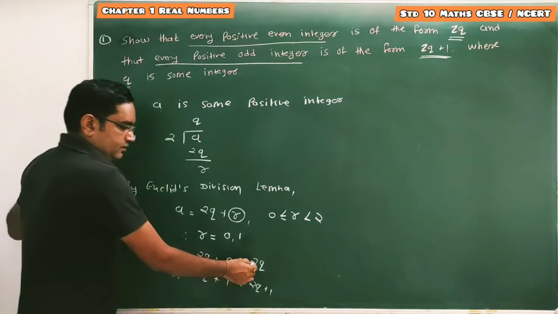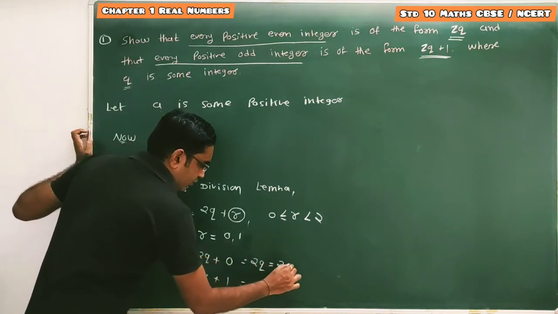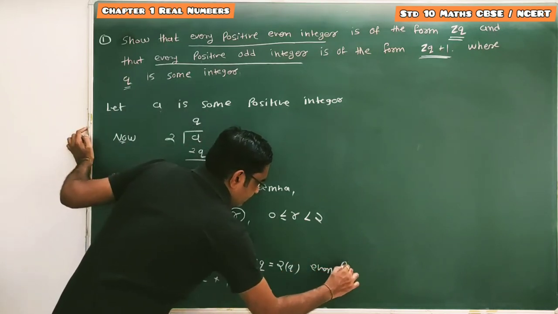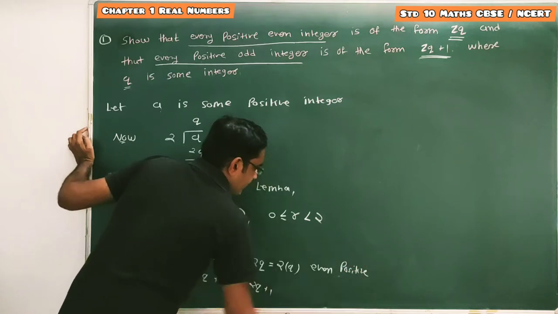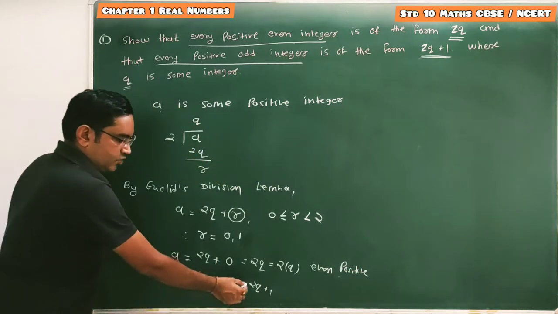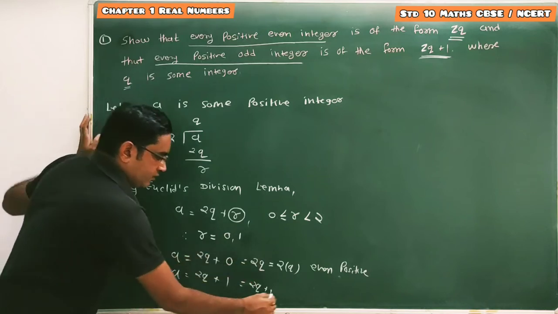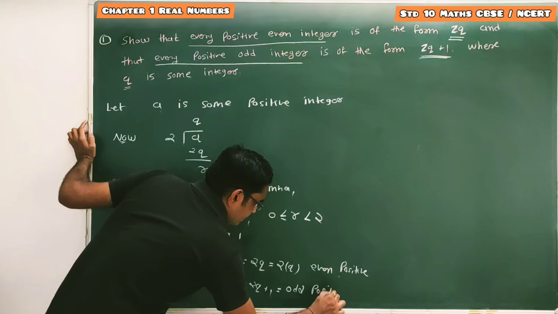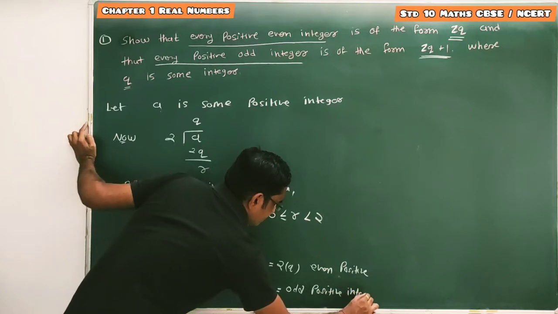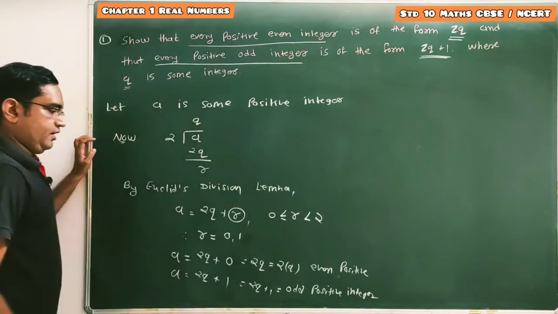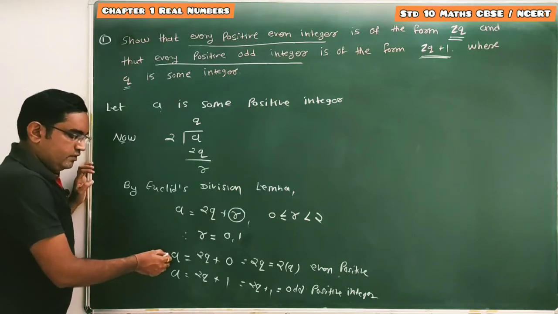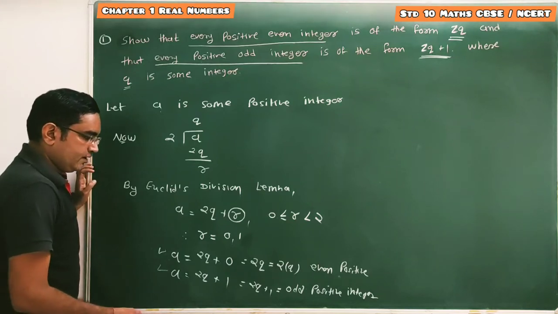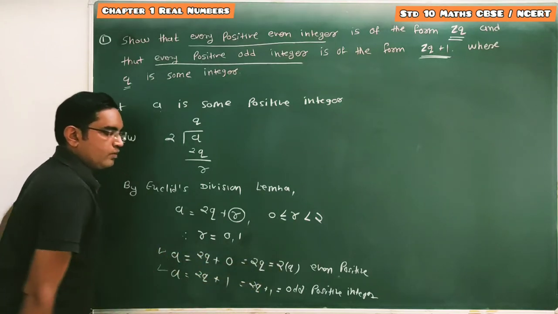2q plus 0 is nothing but 2q, and this one is 2q plus 1. Now here the factors of this number are 2 into q, and that means this is an even positive integer. And this is 2q plus 1, adding 1 to an even number, so this is nothing but an odd positive integer. In short, we can say this positive integer a can be represented in the form of 2q or 2q plus 1.